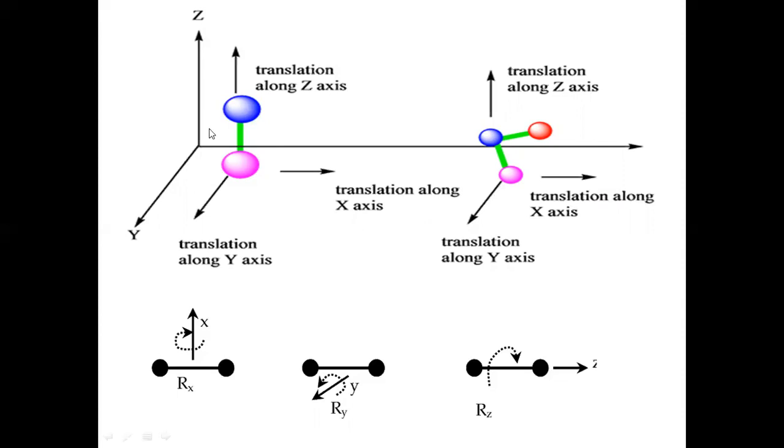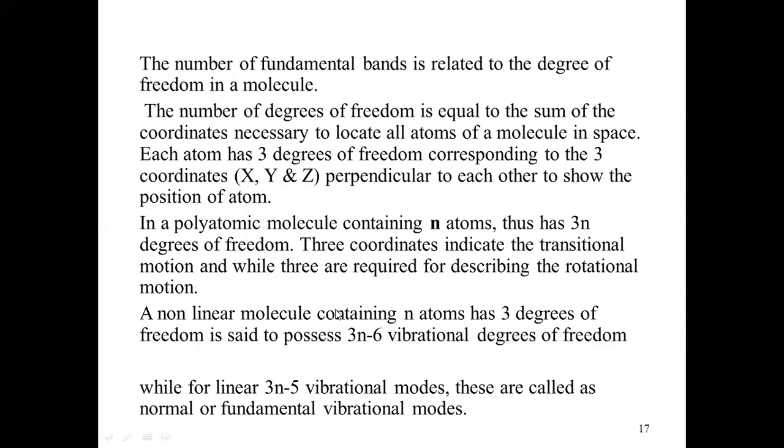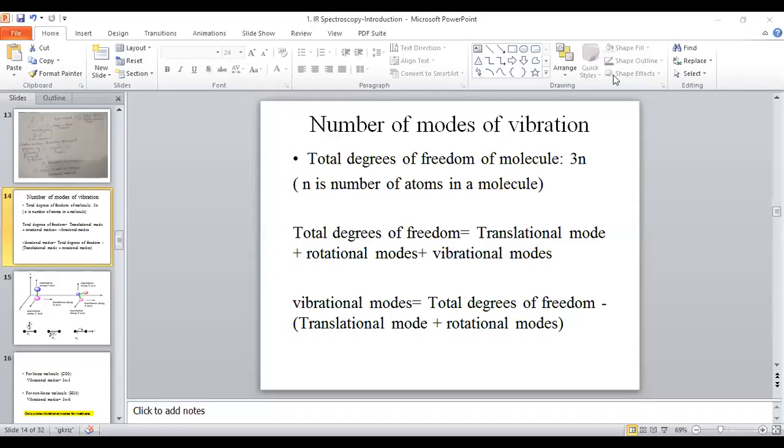There are translational motions, rotational motions, and vibrational motions associated with a molecule. Total degrees of freedom of a molecule is equal to the sum of translational, rotational, and vibrational motions.